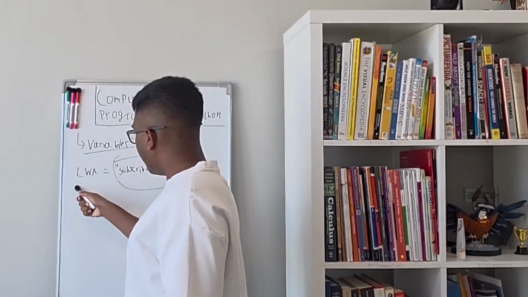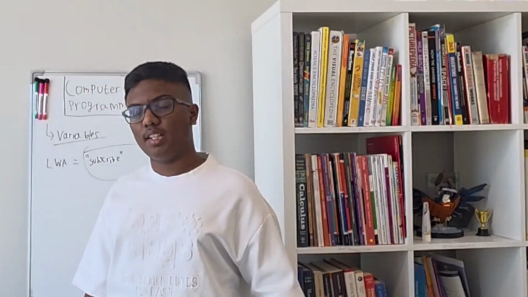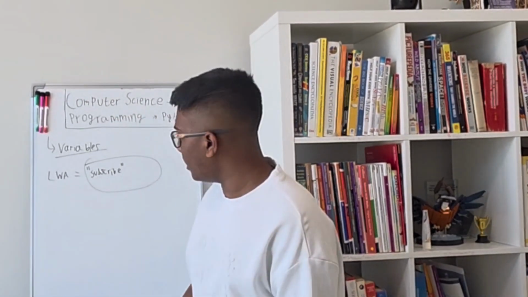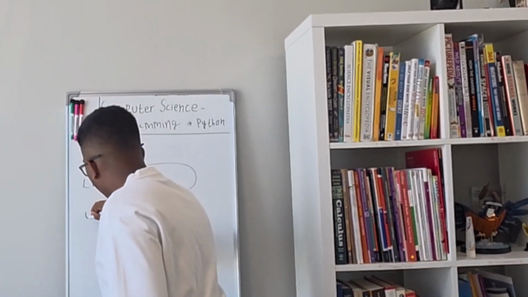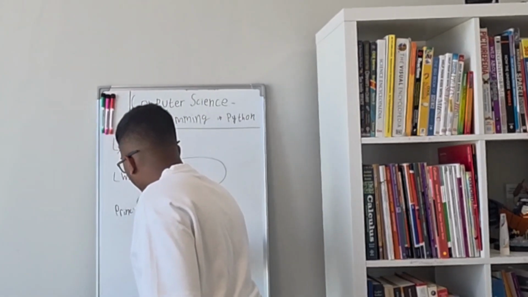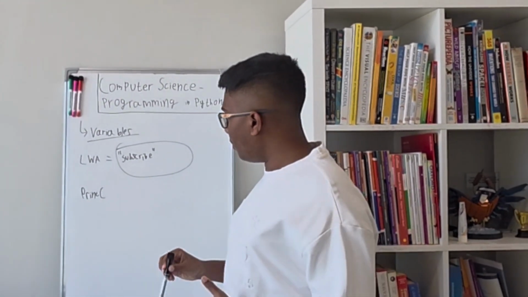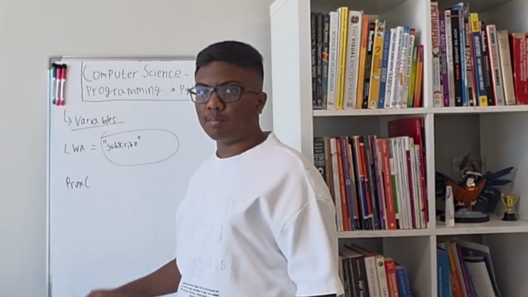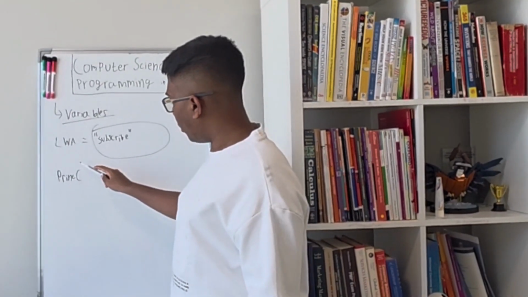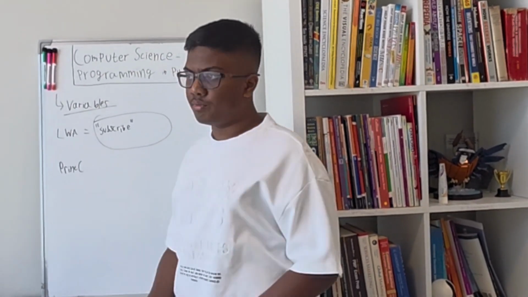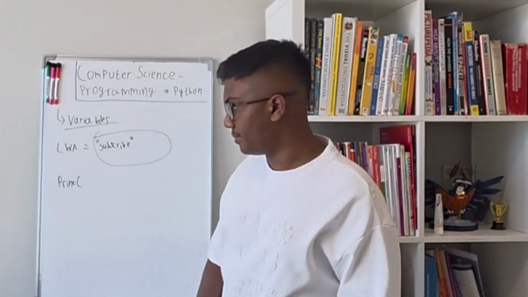Anyhow, we can describe this value LWA as subscribe, but a variable is no use if we don't know how to use it, right? I mean, it's in the name. Still though, let's use a print function, which, as you learned in the last video, gives an output of whatever is in the print box, or these curved brackets, into the Python terminal.